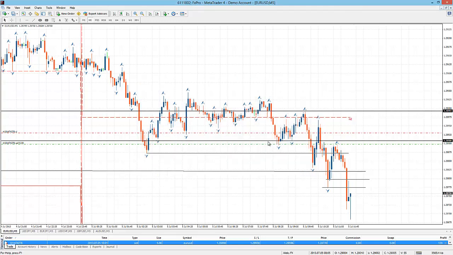No. Alright, I'm going to take half off. So now we've got half the position remaining, and this wick, you see this close, this candle, it's not looking very exciting. Okay, we've taken just over 12 pips out.